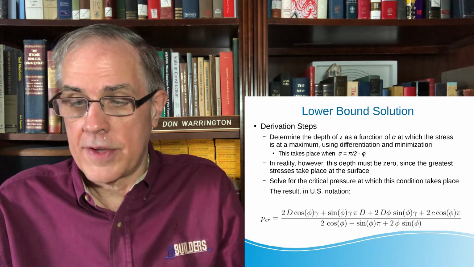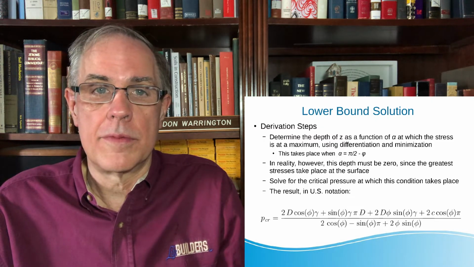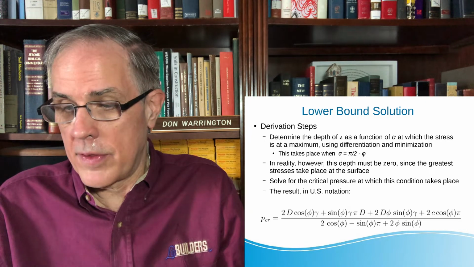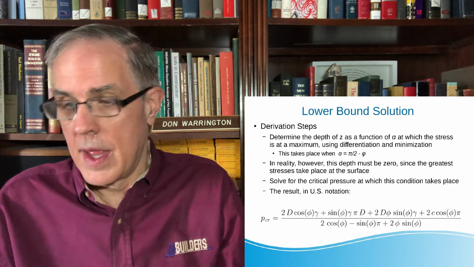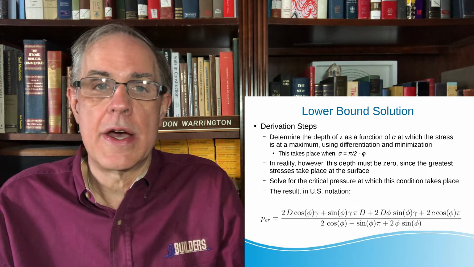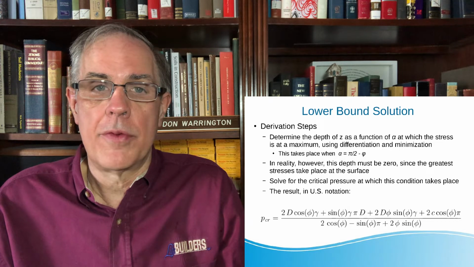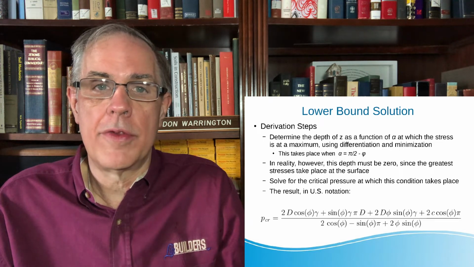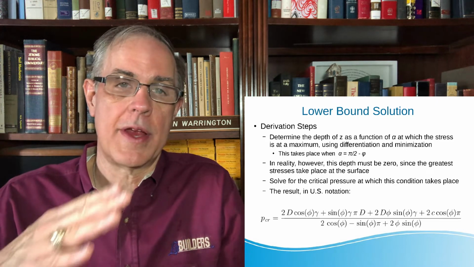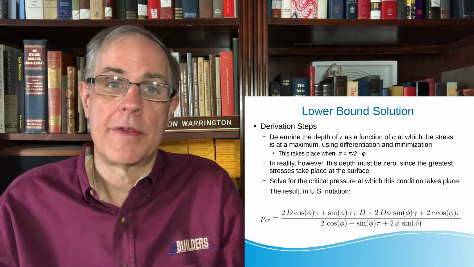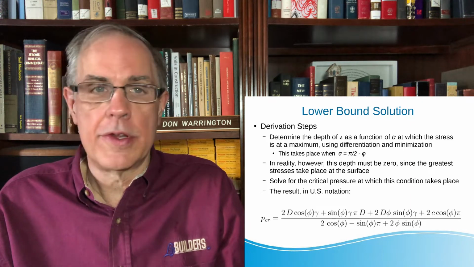The greatest stresses take place at the surface, and then we solve for the critical pressure by getting rid of the z, and we get this equation. That is the lower bound solution, up to which all of the stresses in the soil have been elastic. But when we hit that critical pressure, we start seeing plastic deformation. So that is the lower bound solution.